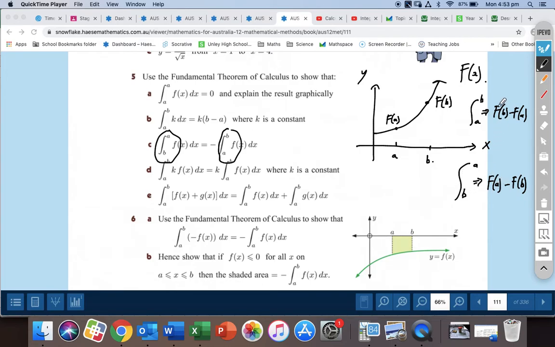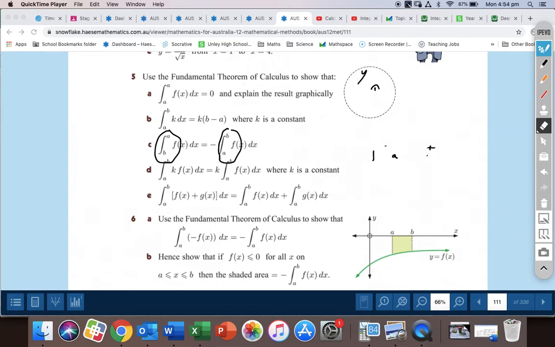And so you're going to get negatives of each other. Let's say this one is 2 and that's 4. In this one, you'd have 4 minus 2 equals 2. But if you reverse that subtraction, you're now going to have 2 minus 4 is minus 2. So that's what it's going to look like graphically, I guess.